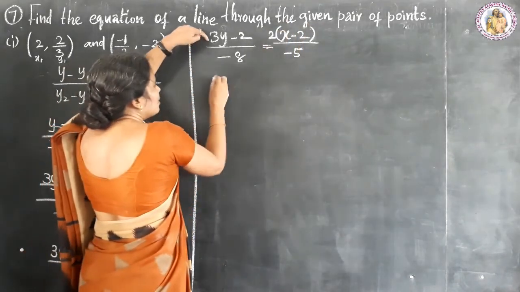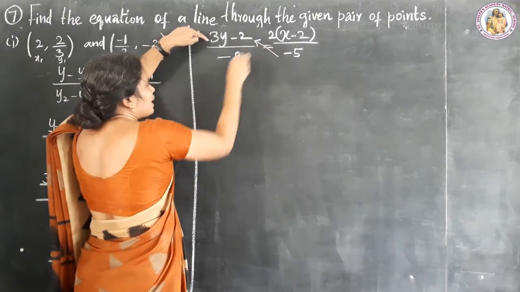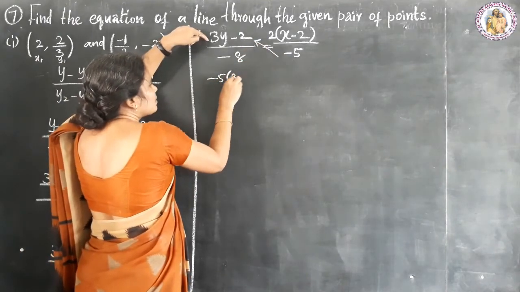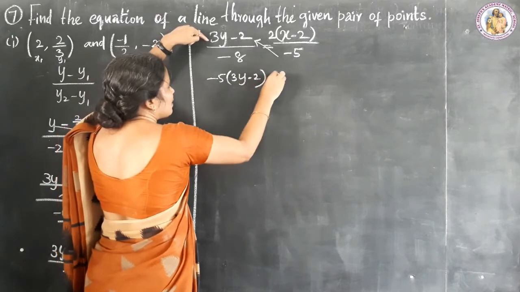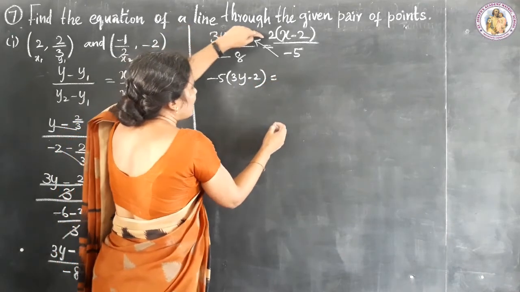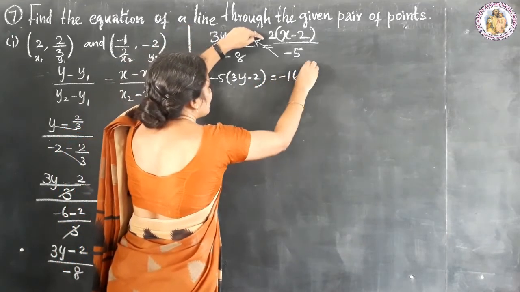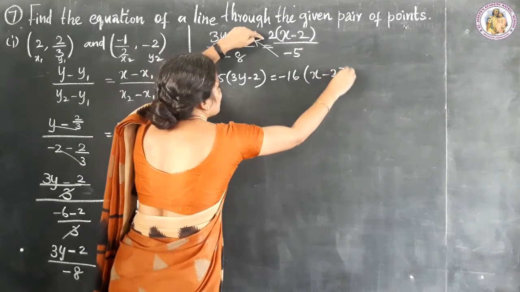Now cross multiply: minus 5 into (3y minus 2) is equal to, here we have 8 2s are 16, minus 16 into (x minus 2).